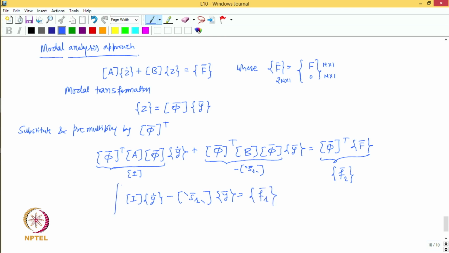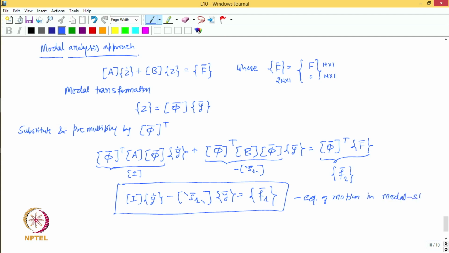Now these are the equations of motion in modal state space, and these are 2n number of decoupled equations.